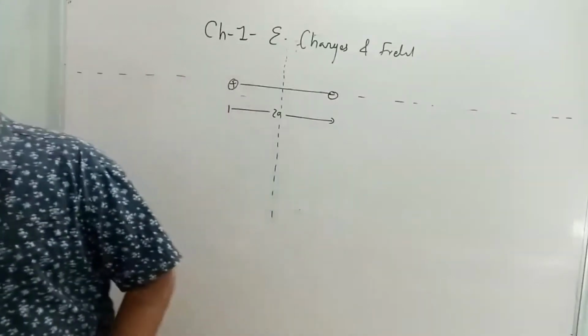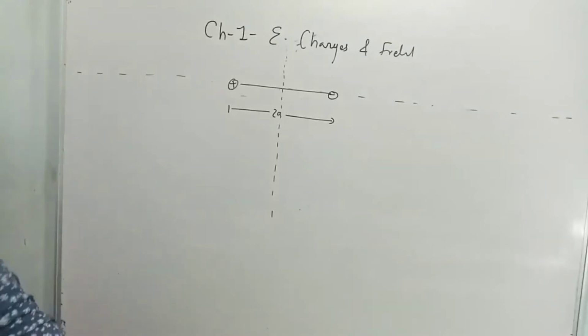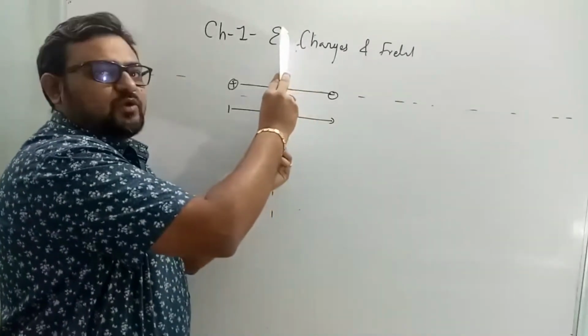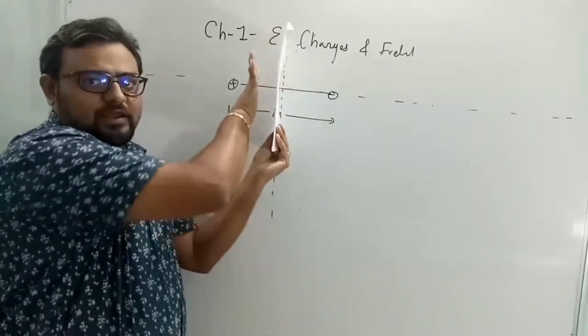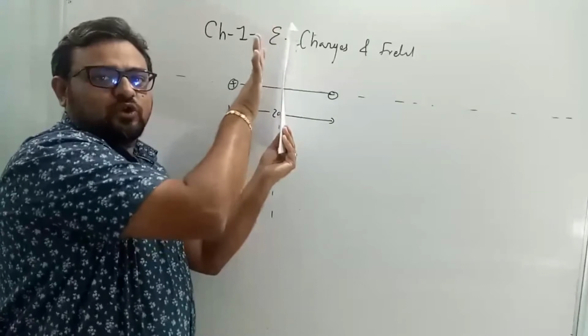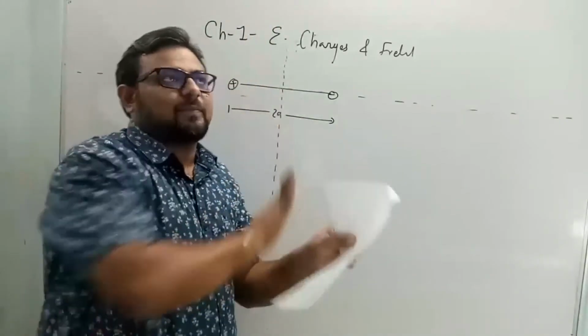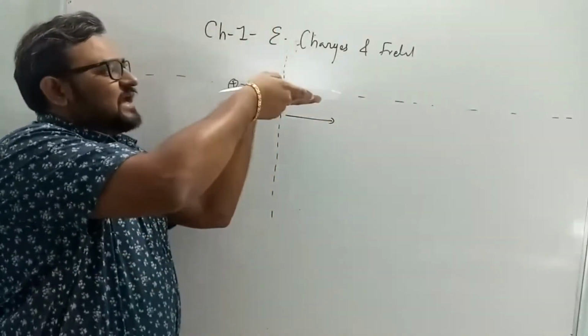Let me explain. This is the equatorial plane. This whole plane is the equatorial plane. If this is the center, then the plane lying over here is the equatorial, and this is the axial plane.